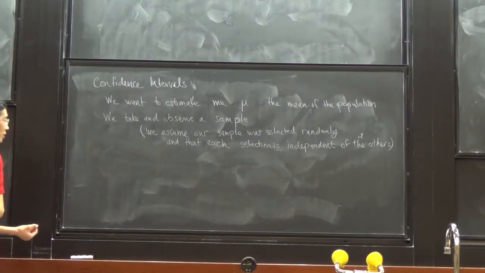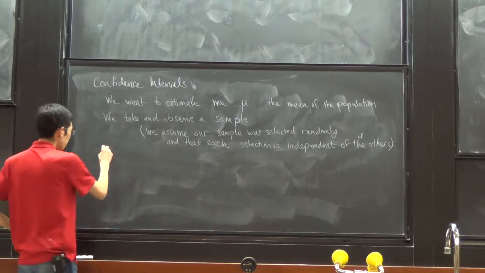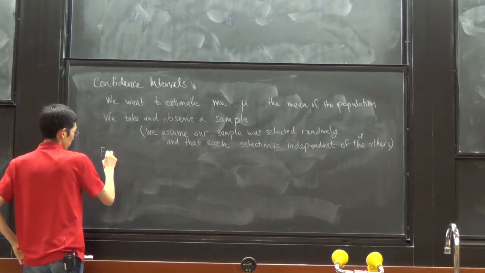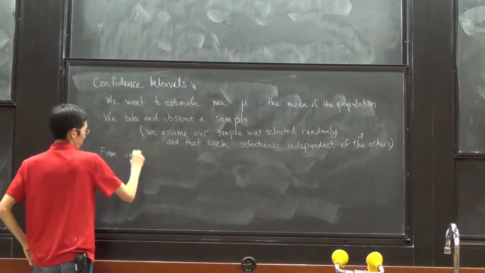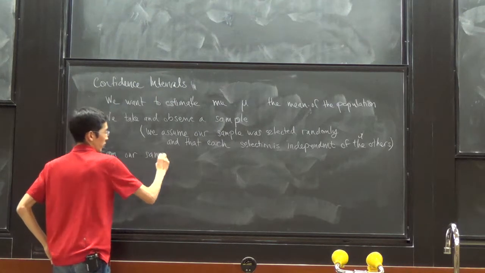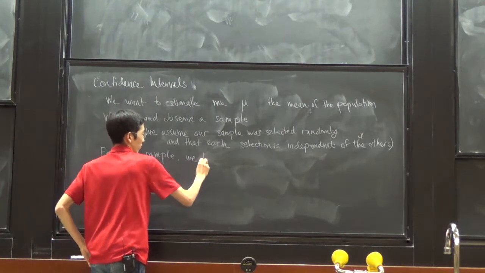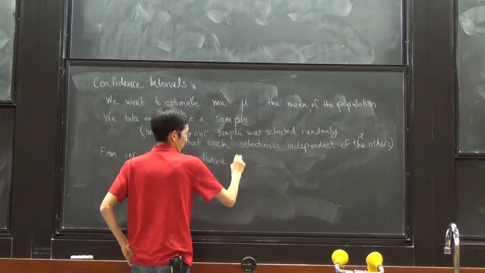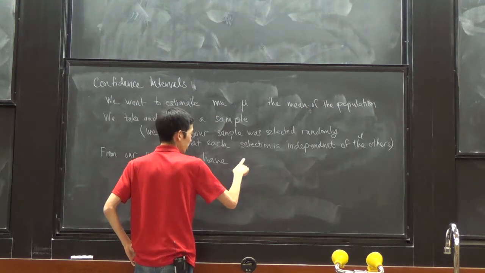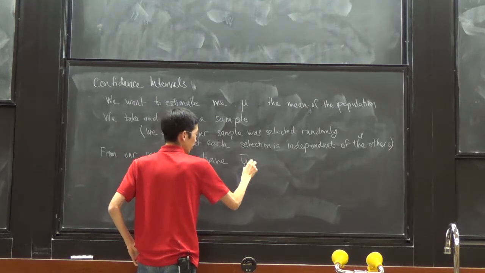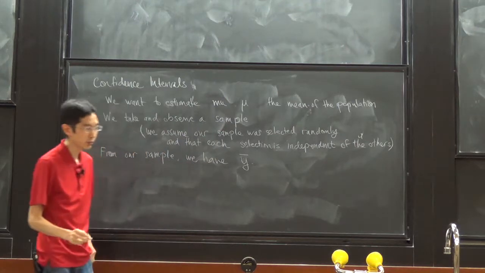Okay, so we take and observe a sample. From our sample, we have a y bar or an x bar, the sample mean. Okay.